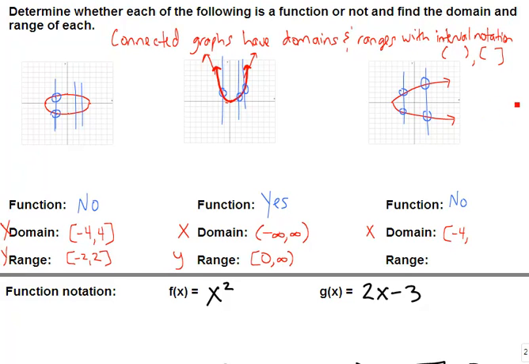So this is going to continue going towards infinity, with parentheses around the infinity. For the range, notice because of the arrows, I'm going to continue going downwards and continue going upwards. So there's no lowest point or highest point because the arrows make me continue going down and going up. So the range here for y's would be minus infinity up to plus infinity.